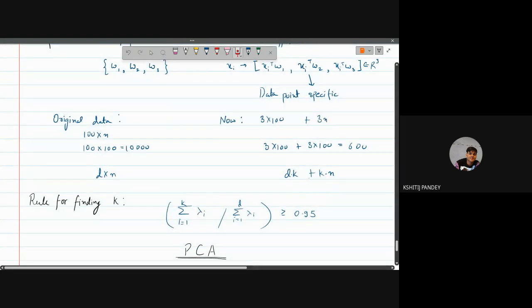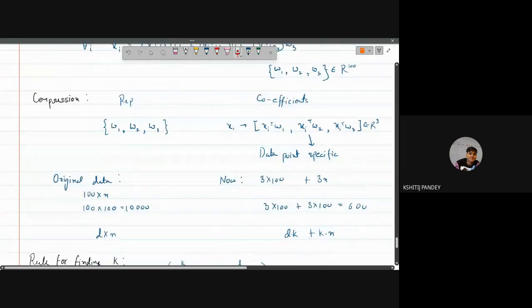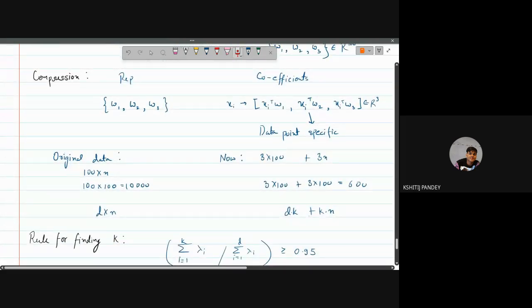So in general, when your data actually is in Rd, but it lies in a linear subspace of Rk, then the formula is this: d times k plus k times n. Yeah. So is it clear how compression is happening?